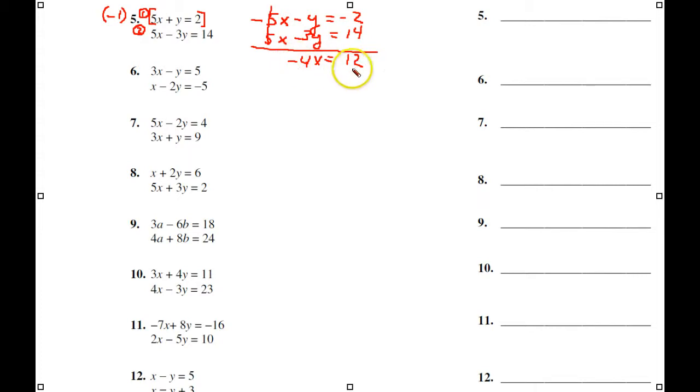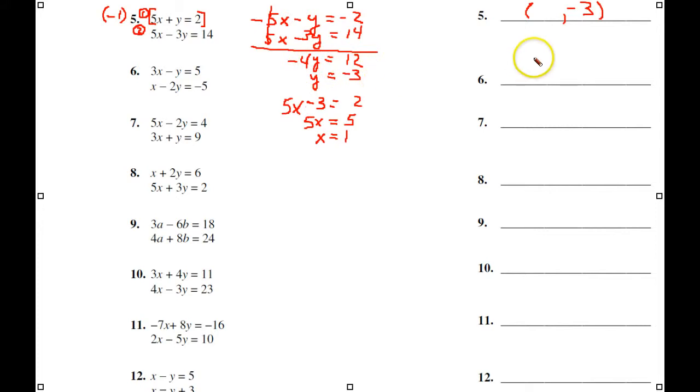So now I'm going to divide both sides by a negative 4. I get x equals a negative 3. So there's my first member of my ordered pair. And it looks like I got lost here on the previous. This is y here.